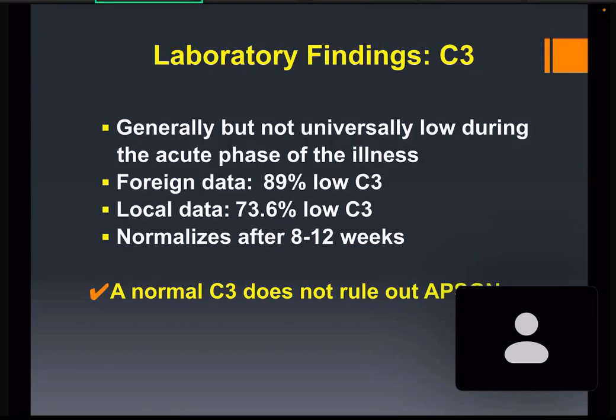But a normal C3 level also does not rule out PSGN, because there are other factors that can alter the C3. Sometimes other diseases lower the C3 level, or there is PSGN but the C3 is also increased, so it's complicated. If you have a low C3, a positive ASO titer, and the other laboratory tests say so, then you can commit that this is PSGN.